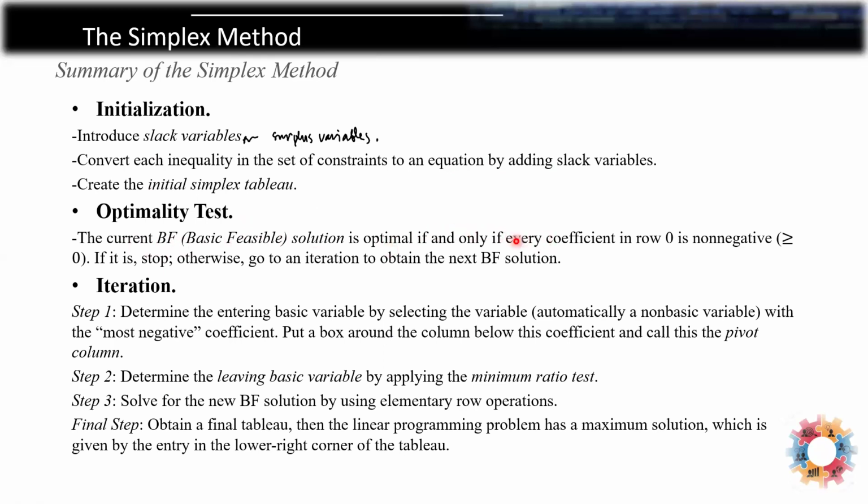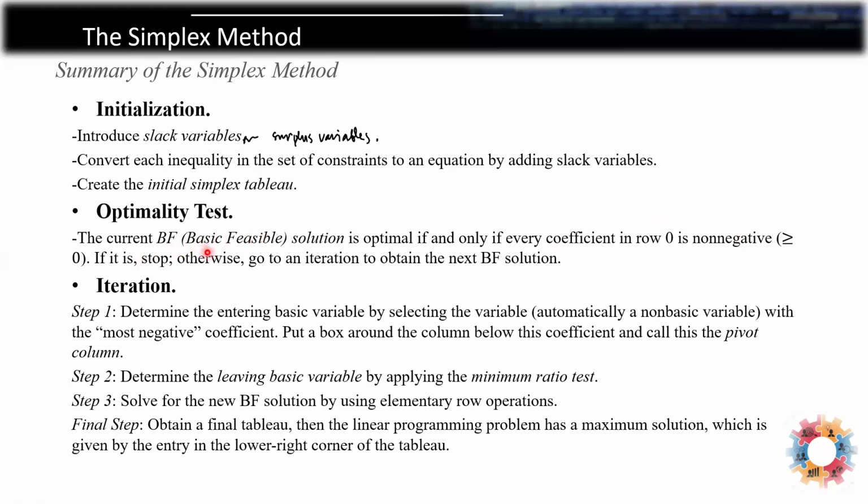You check your initial simplex tableau, and you see if every coefficient in row 0 is non-negative. Row 0 corresponds to your objective function. If it is non-negative, then the current basic feasible solution is already optimal.